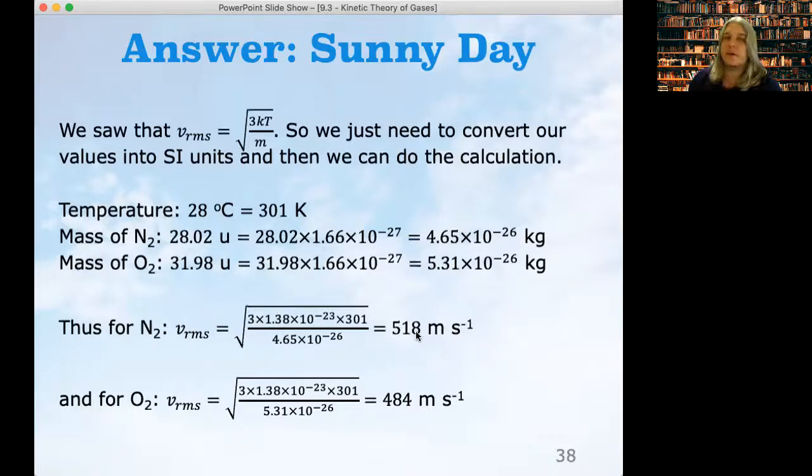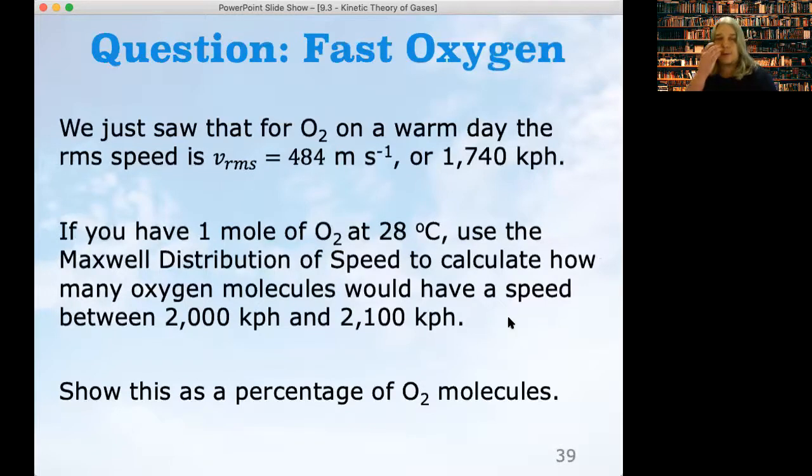If you've got the same kinetic energy, smaller mass should be nitrogen. So hopefully your first thought was nitrogen should have a higher velocity. And then when you get to the end, you can go, hey, look, nitrogen's slightly bigger than oxygen. So it's only worth making those little thoughts at the start if you remember to check them again at the end and actually make sure everything's in agreement.